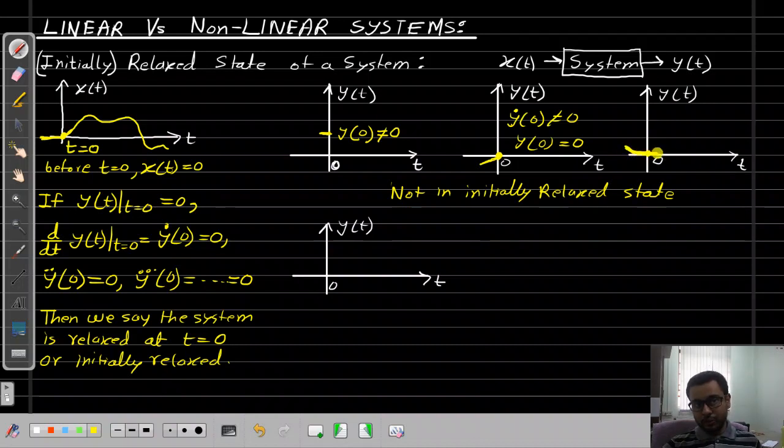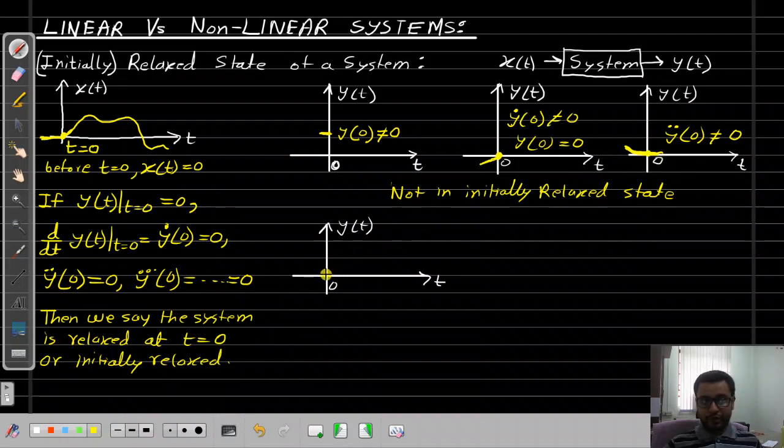So the output can change slightly after t equal to 0. That situation is also not initially relaxed because the second derivative at this moment is not 0.